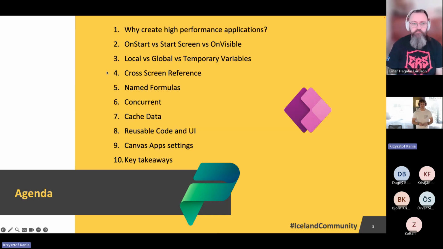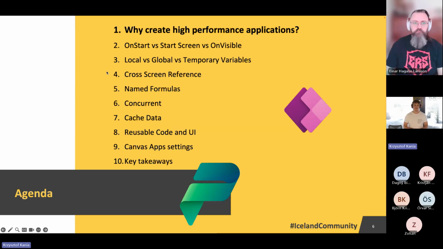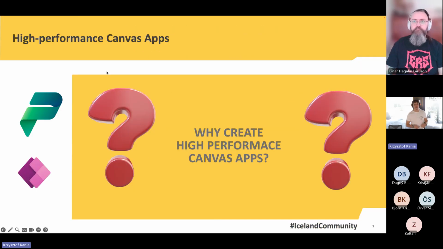We're gonna talk about some data and reusability, and at the end we go through the key takeaways, which will be really important because it will be like a summarized session straight available for you. So let's proceed.